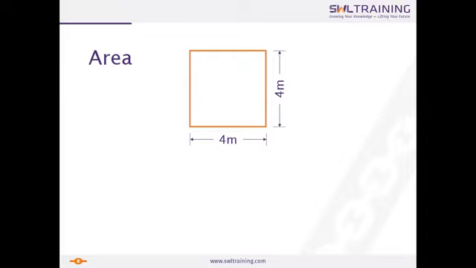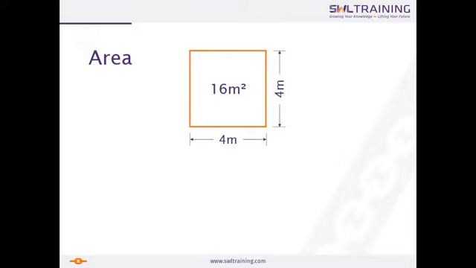You may also see this 2 associated with area. In this case, when you have a square which is 4 meters by 4 meters, you multiply those together, so that would be 4 meters squared, resulting in an area of 16 square meters. Be careful not to confuse meters squared with square meters.